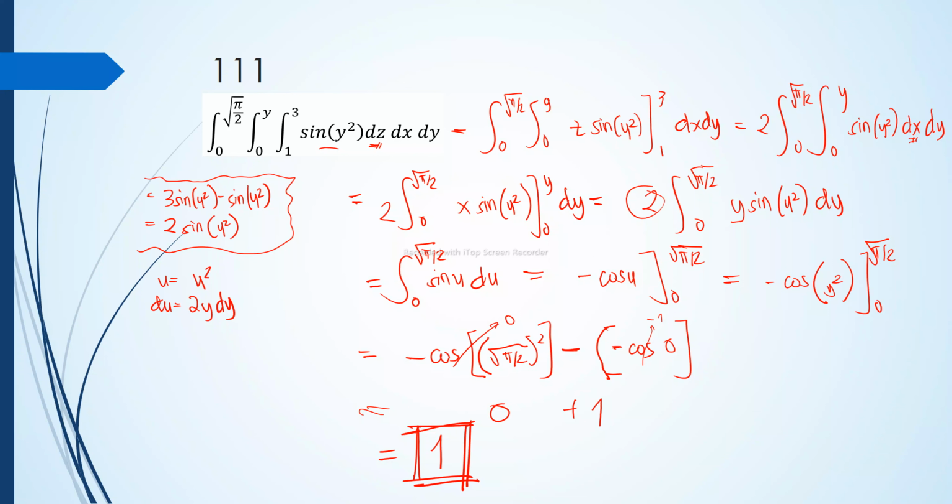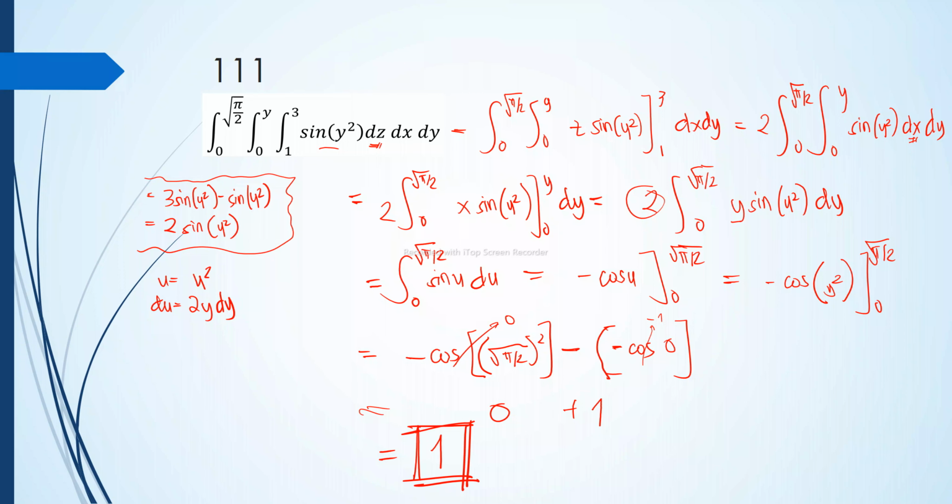Okay, so that is just the basic concept of our topic on iterated integrals. Iterated integrals are just integrals where the function is not of one variable, but of more than one variable. So here we have three variables: x, y, and z.